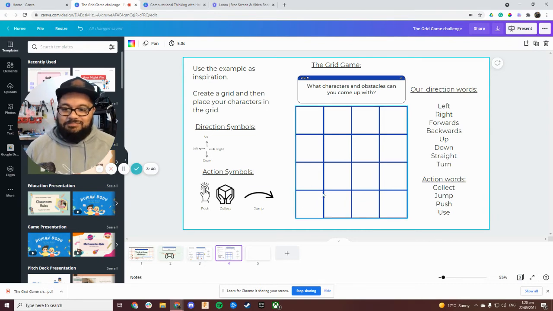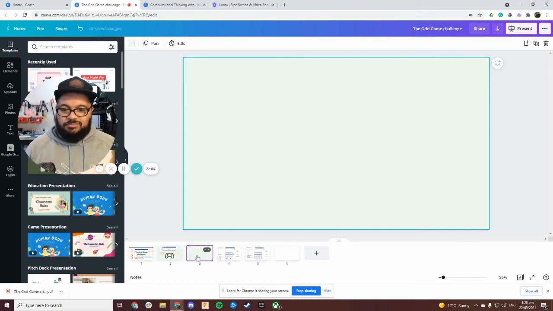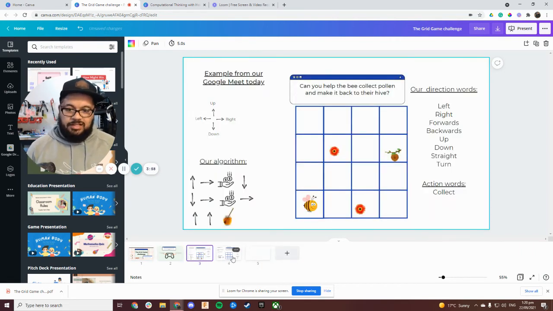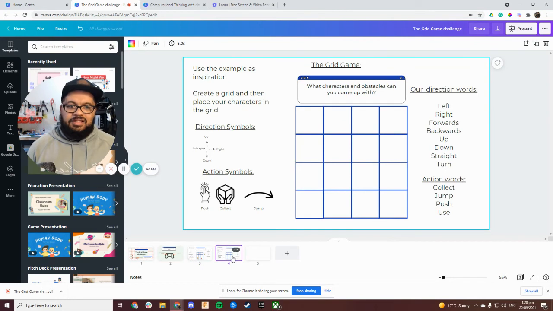That's my little win for today: we came up with the grid game challenge using those really popular ideas, turning it into something fun, something interesting. So if you want to teach computational thinking to young people, especially younger kids, actually anyone, I suggest trying this out. Turn it into a game, because later on we're going to use Scratch, we're going to use MakeCode Arcade.